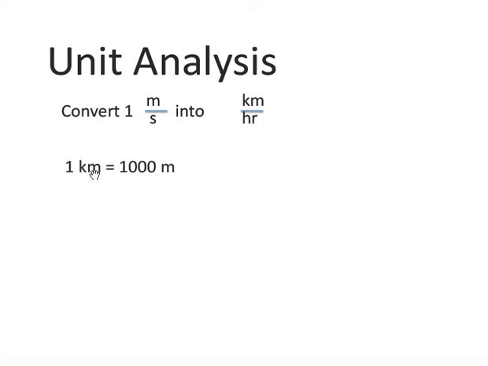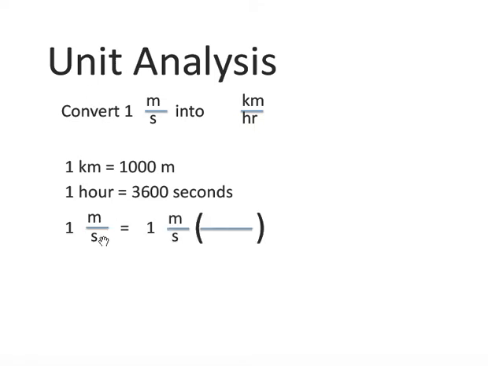So we have to know that 1 kilometer is 1,000 meters. And we also have to know that 1 hour is 3,600 seconds. And so 1 meter per second equals 1 meter per second times a fraction. And we want to convert, now it doesn't matter which order we do this in, but we'll convert meters into kilometers.